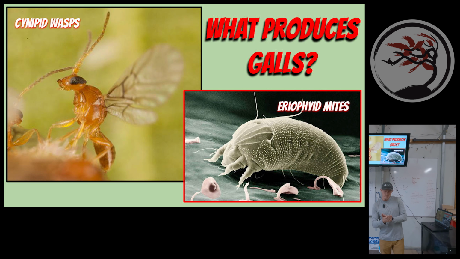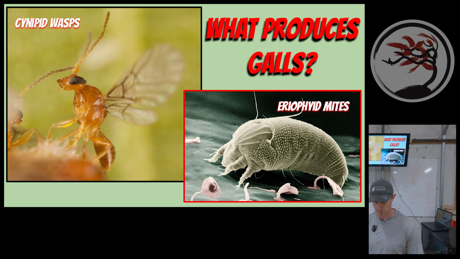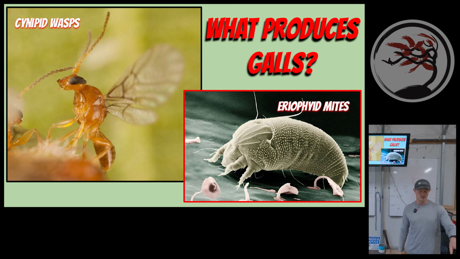So let's meet some of the characters that might produce these galls. Interestingly, one of David's sons was able to find, underneath that cup right there, two of these cynipid wasps. So once this is all over, take a look under this cup. Not scary, they're not going to sting. They're really, really small.